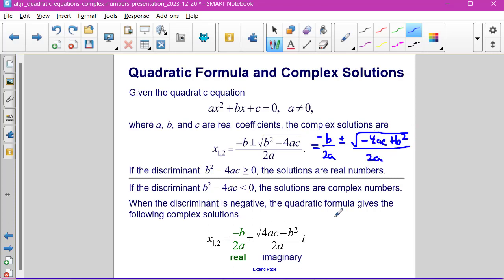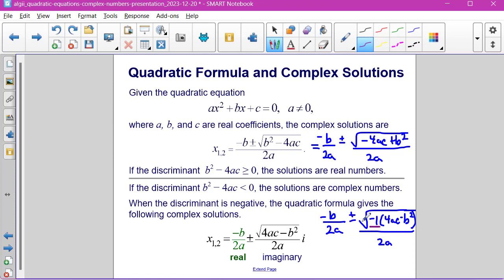Now if I factor a negative 1 out of there, it'll become negative b over 2a still, and then plus or minus square root of, we have negative 1, and now we have 4ac minus b squared inside of the parentheses here over 2a.